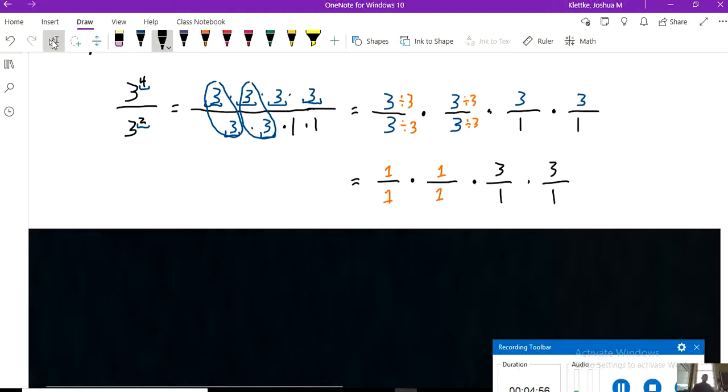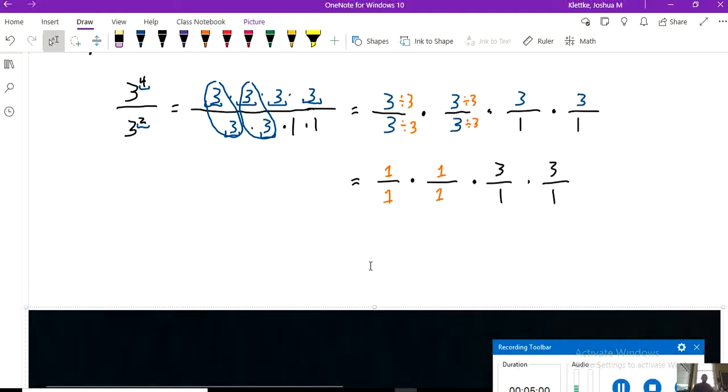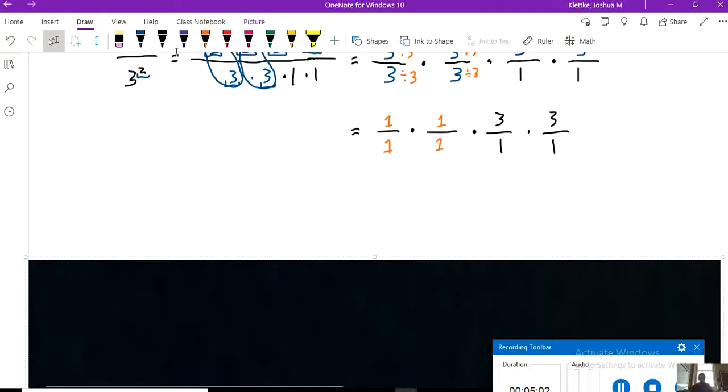Okay. So now we're getting a little more of a picture here. Let's simplify this. So when I simplify this, I'm going to have, well, 1 times 1, I can write that as 1 to the second power, times 3 times 3, I can write that as 3 to the second power.